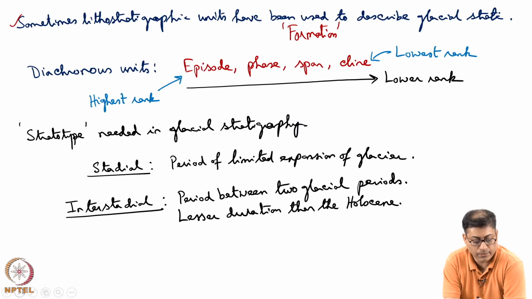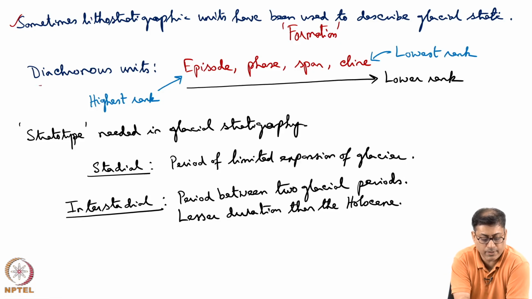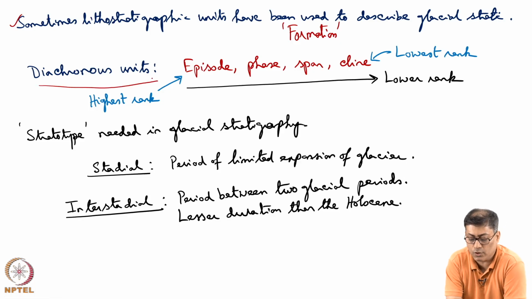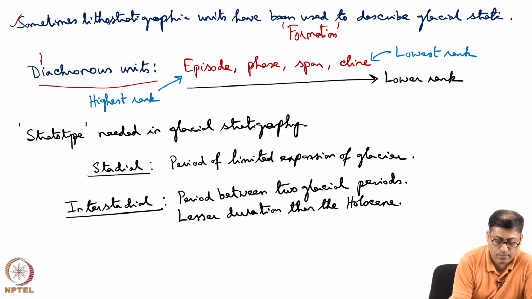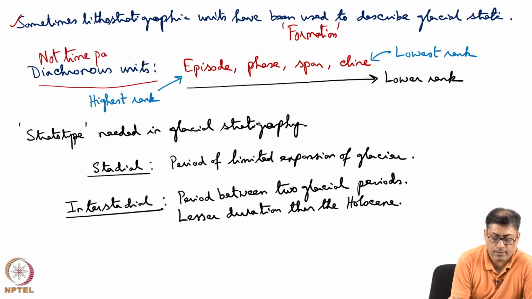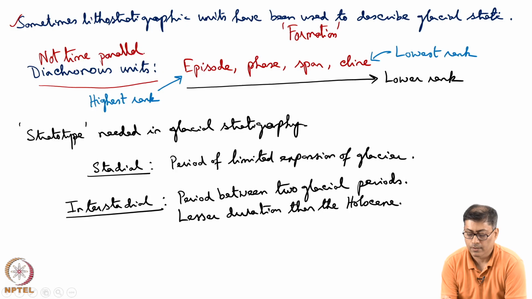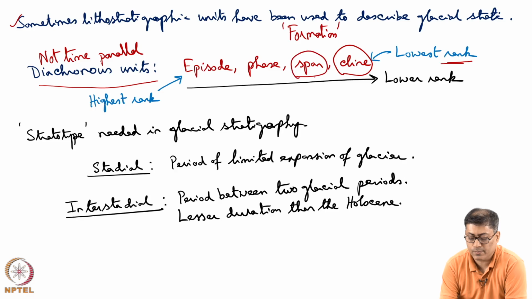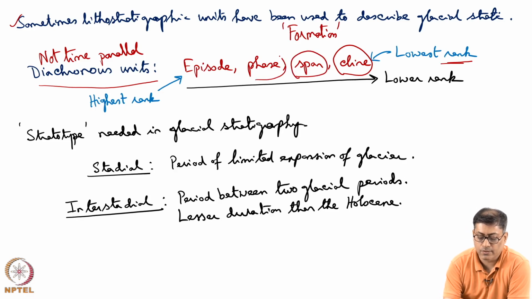The glacial units in stratigraphy can be diachronous units, that means they need not be time parallel, and the lowest unit is known as cline. Several clines can constitute a span. Span is of higher rank than cline. Several spans can define a phase.